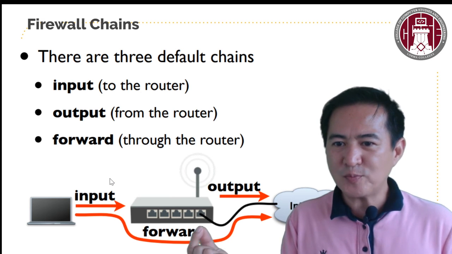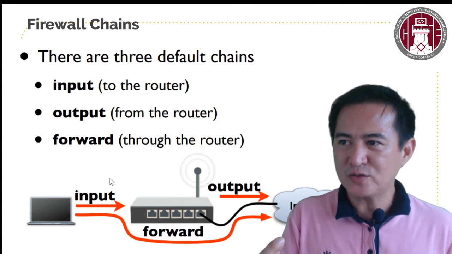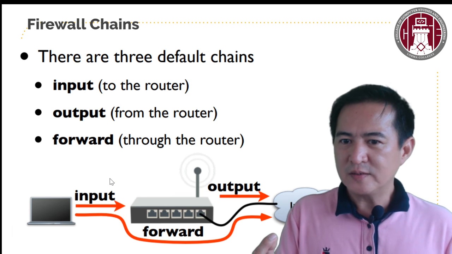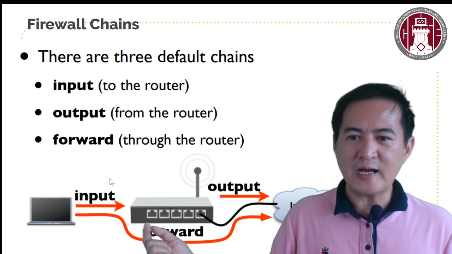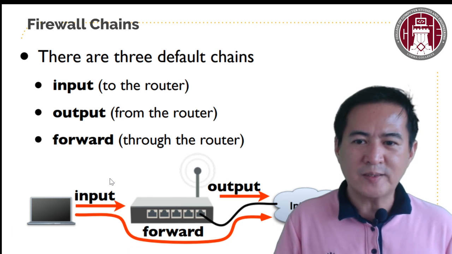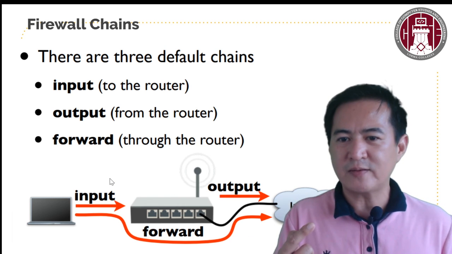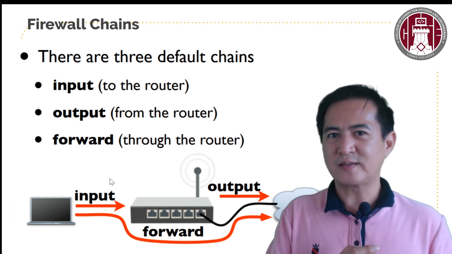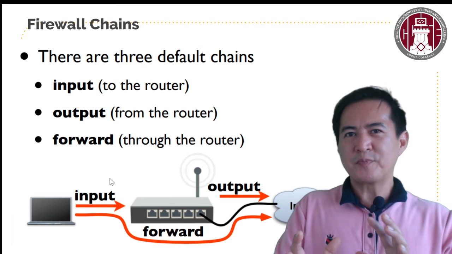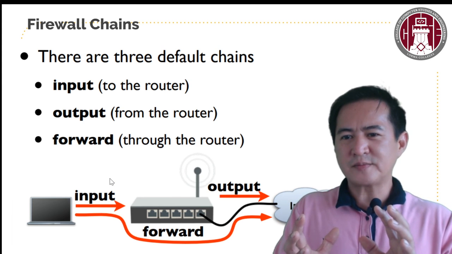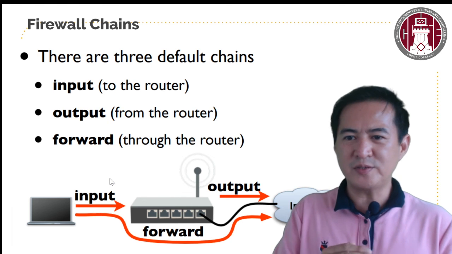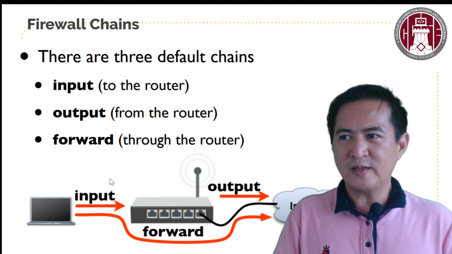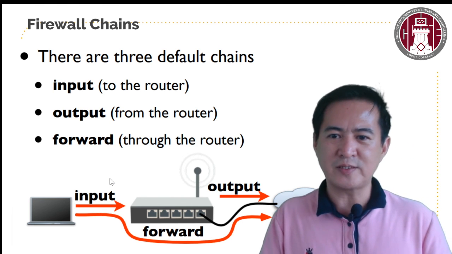If there is an outgoing packet, what action will you take with it? Sometimes you don't want to take action, you simply forward the packet and bypass that particular router. So take note of those chains that we will be using when we do our own implementation using the MikroTik router.